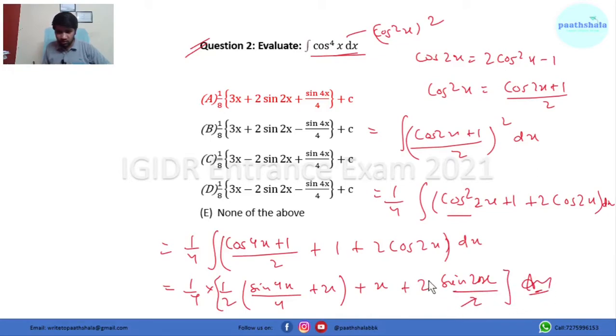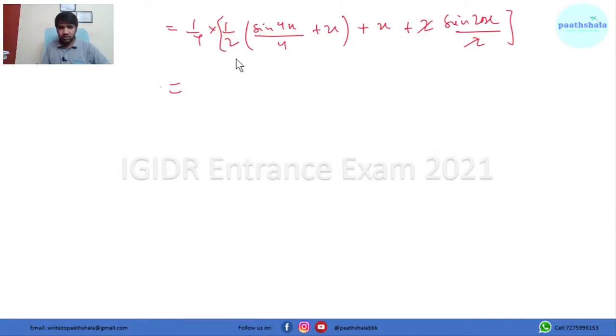Now let's look at the choices. In choices we have to do some alteration, so for that, let me solve it further. This will become 4 times 8 is 32, so 1 by 32 sine 4x, then x by 8 plus x by 4, and then finally sine 2x by 4.